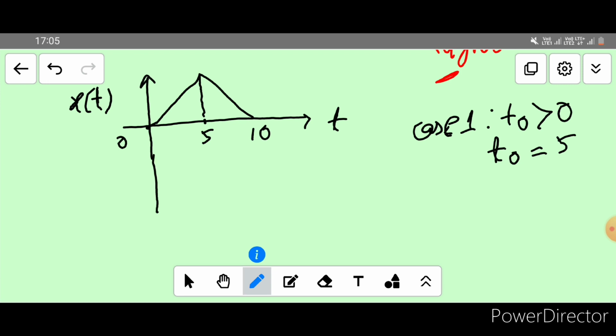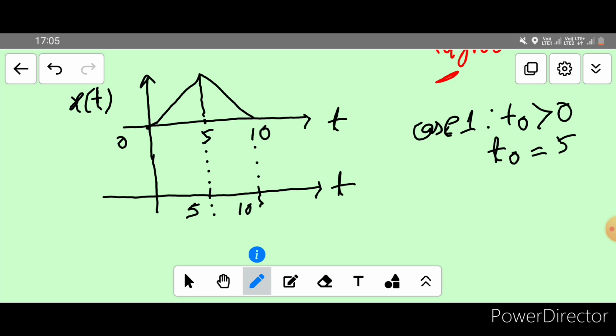So 0 will be shifted to the right side by 5 more units. So 0 will be shifted to 5. 5 will be shifted to 5 plus 5, that is 10.